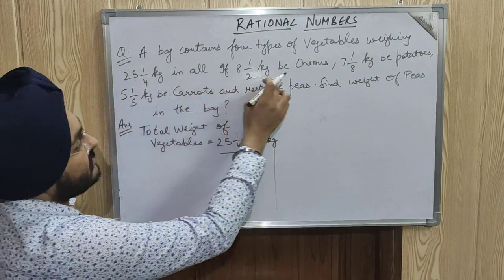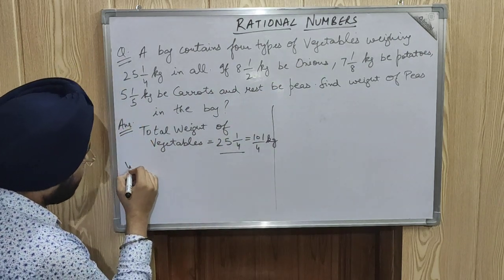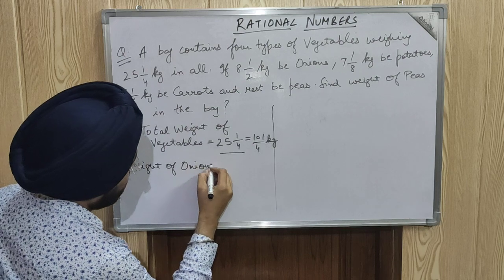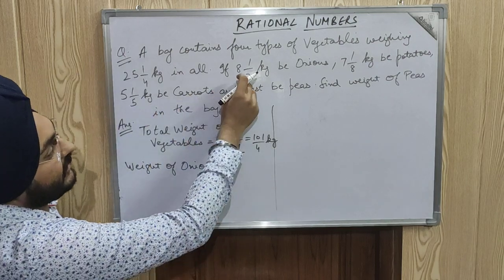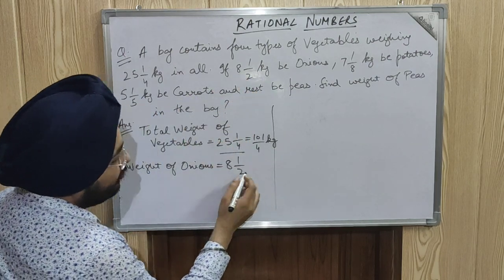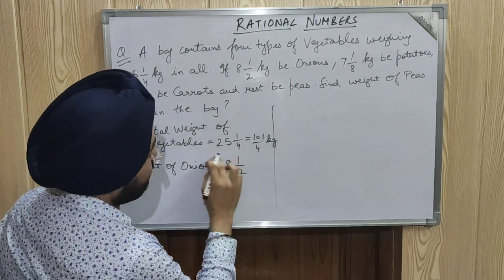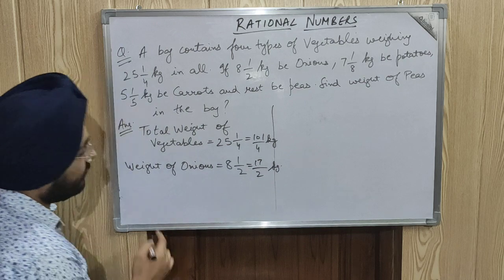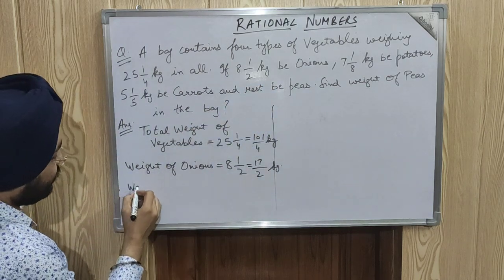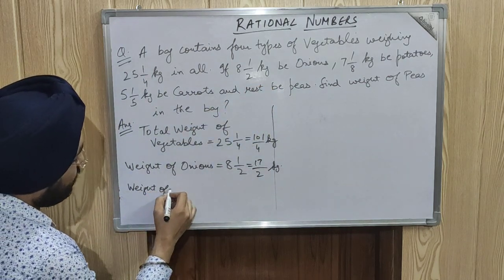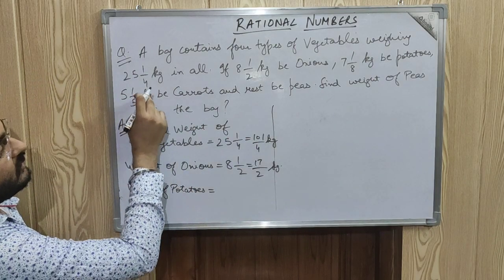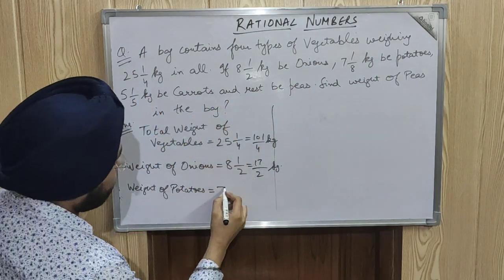So now coming to the next, onions. I am writing here the weight of onions. The weight of onions we have been given as 8 1 by 2. So 2 into 8 is 16, 16 plus 1, that will be 17 by 2 kilogram. The next, weight of potatoes. This we have been given here as 7 1 by 8.